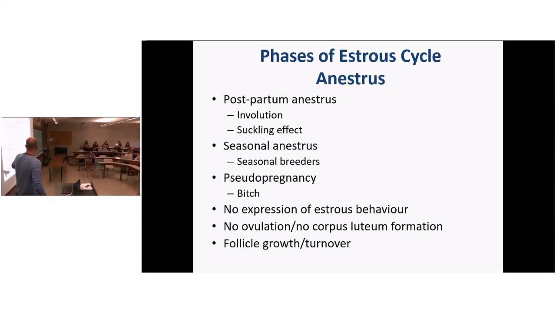Basically, no expression of estrous behavior, no ovulation, no corpus luteum formation, and high levels of follicle turnover. In anestrus or for seasonal breeders, it has to do with not having the right stimulus in the hypothalamus to continue the cycle.